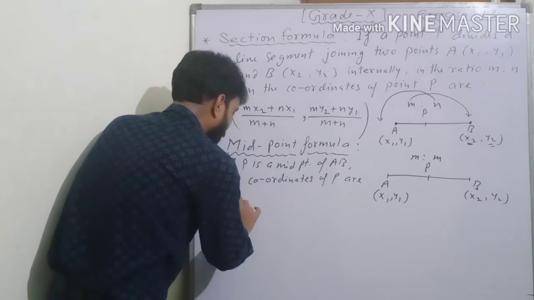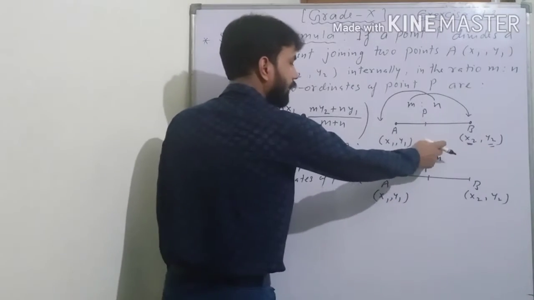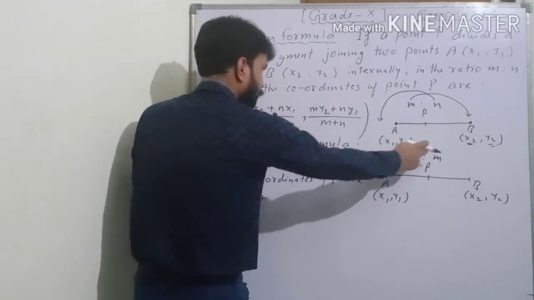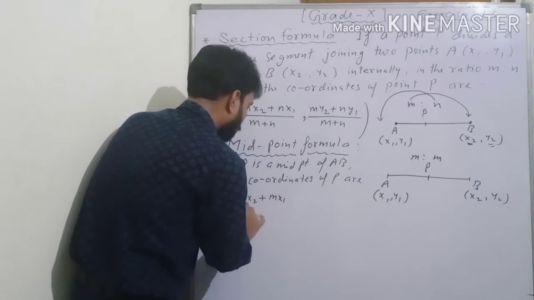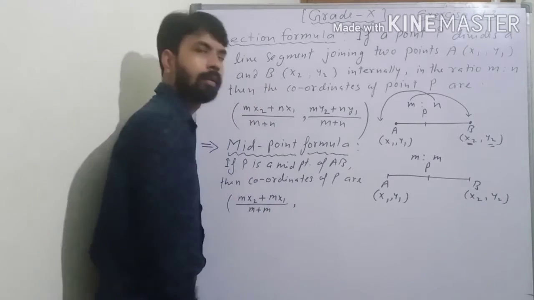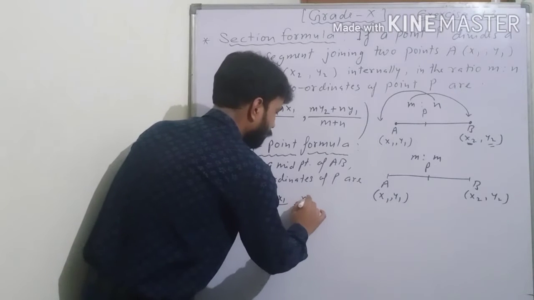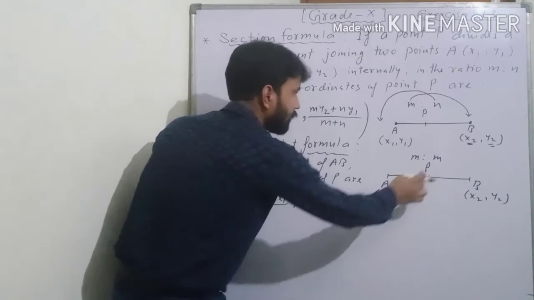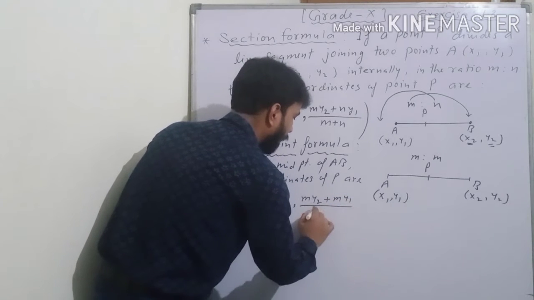So it will be mx2 plus n multiplied by the abscissa of the first point, so this is mx1, upon the sum of the ratio, means m plus m. Now ordinate, m is multiplied by y2. So my2 plus m multiplied by y1, my1, upon m plus m.